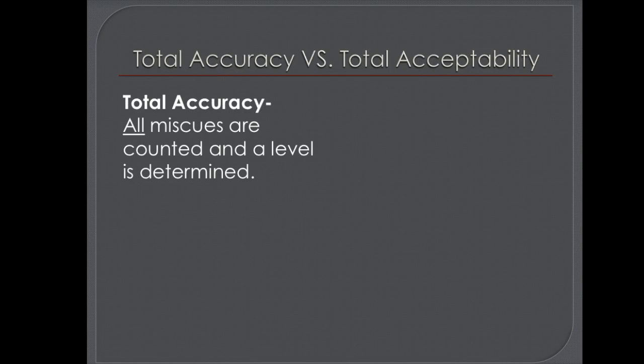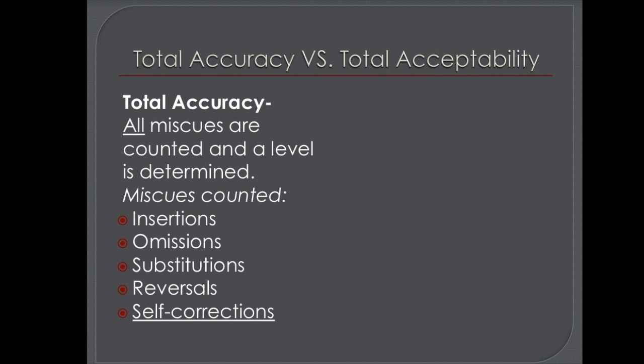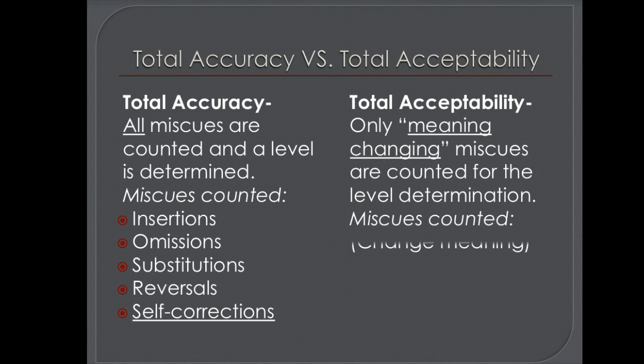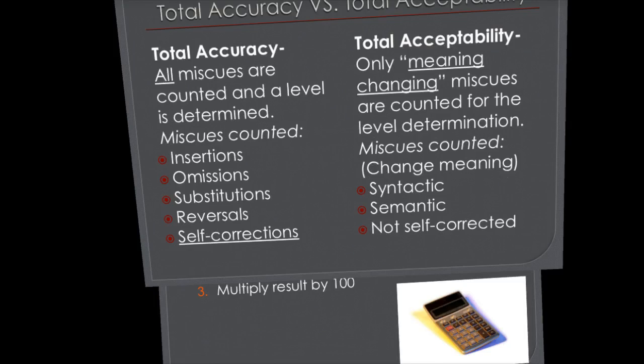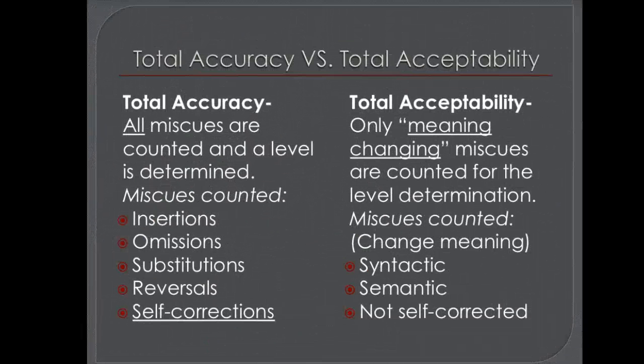Okay, this is a slide that you have seen before, but this is total accuracy versus total acceptability. And this just gives you a list of what kind of miscues are counted when calculating accuracy and acceptability. The big one here would be that self-corrections are counted as a miscue with accuracy.